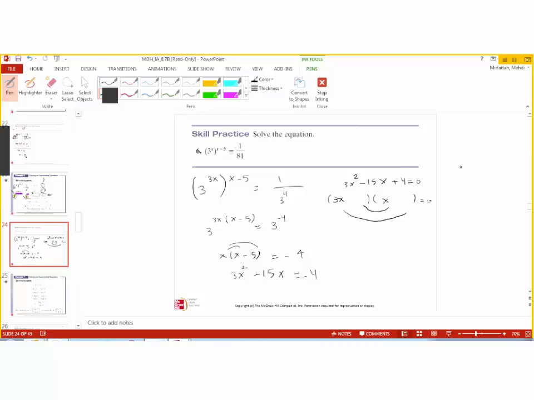Possibilities for 4 would be 1 and 4, 2 and 2. So anybody have a suggestion? You can type your answers since we have a mic. Jim has a microphone now. So what are you suggesting to factor this? Will you use 1 and 4 or 2 and 2?